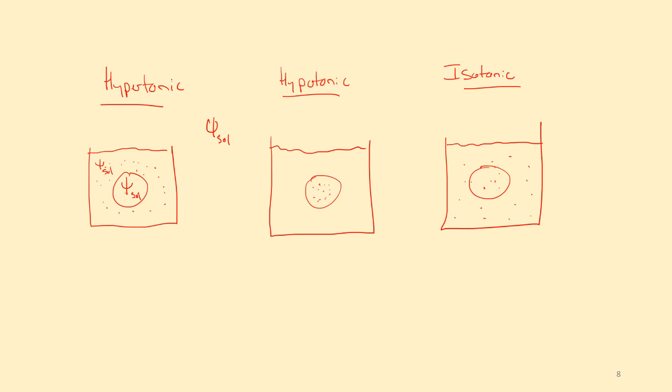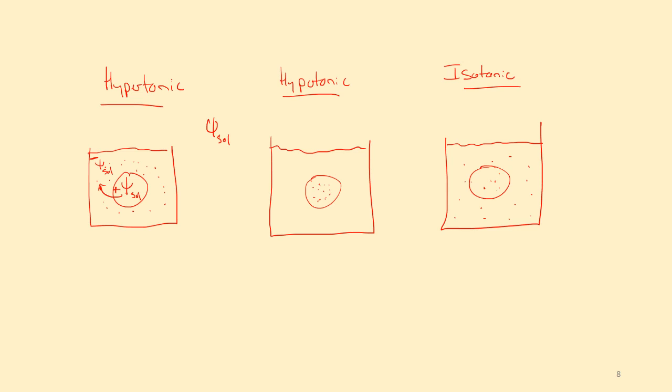So the solute potential shows that the solute wants to move in, but when it comes to water, water wants to move this way. So we're saying you have a lower solute potential here, and a higher water potential here. Water wants to move from a high concentration to a low concentration, so the potential is higher there.